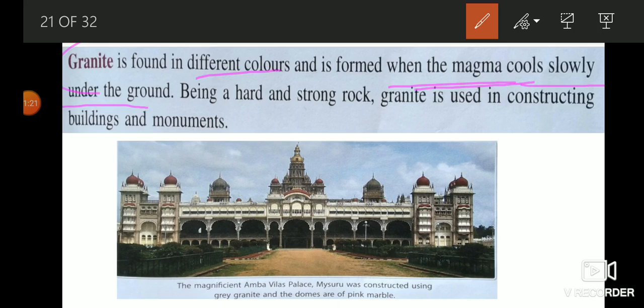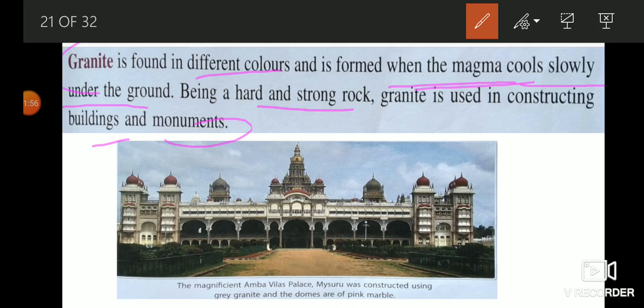Okay, and that way the granite rock is a very hard and strong rock. So among all the types of igneous rocks, the granite is actually the hardest rock. And that is why granite rock is used in construction, constructing of buildings and monuments.